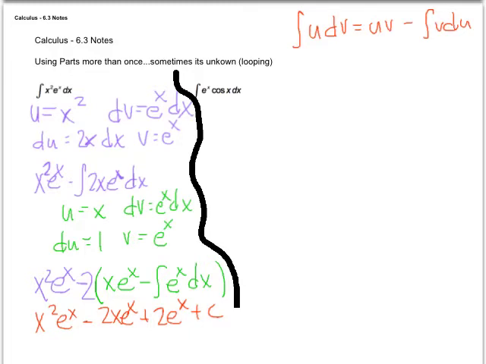so we can get a clear difference. Okay, so what we're going to do on this looping one is let u equal e to the x. It's easy to keep up with when you take a derivative. Cosine is too, but let's start here and see what happens. And then let dv equal cosine x.